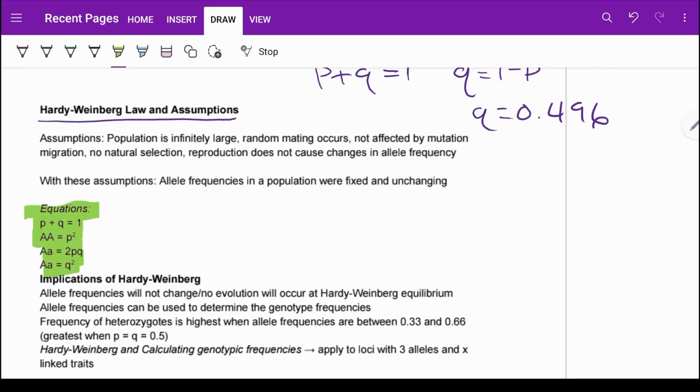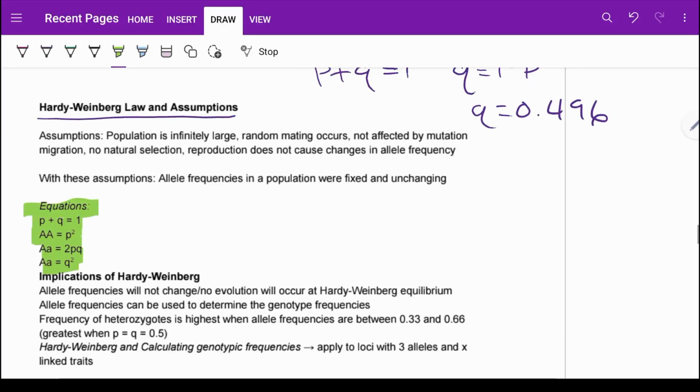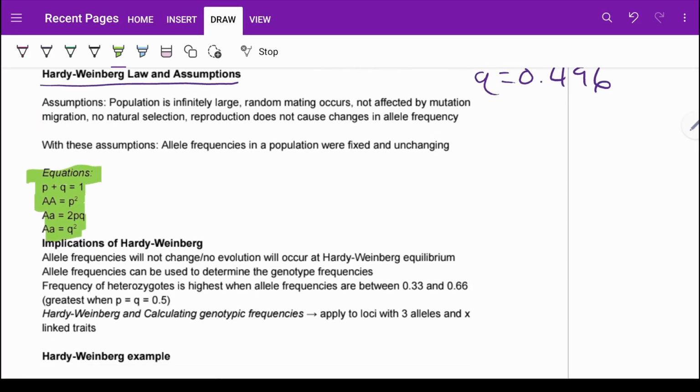So basically, it assumes that allele frequencies in a population are fixed and unchanging. With this assumption, we can use these equations to calculate allele frequencies. So P plus Q equals 1, and all of these other equations, all of which you should definitely know.